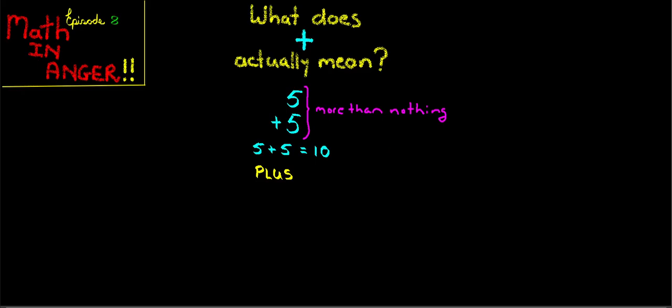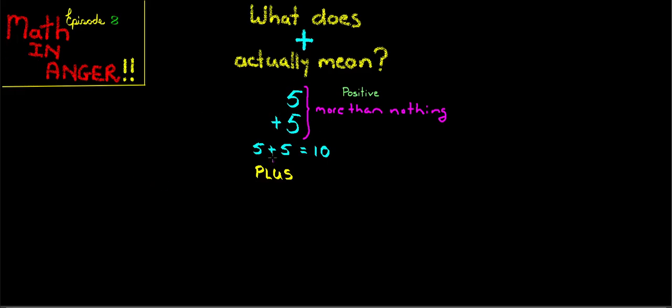There's another way we say this. We say positive 5 or positive 325. And the word positive literally means more than nothing. So when you see a number written like that, it means you've got positive 5, or more than nothing, of that amount, of that value. That's what this picture means when you see it like that.